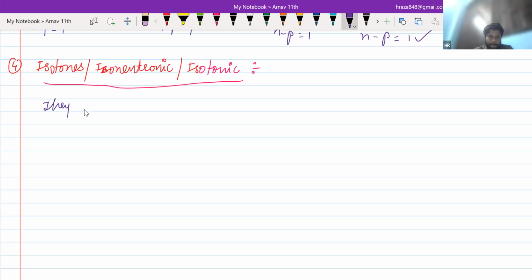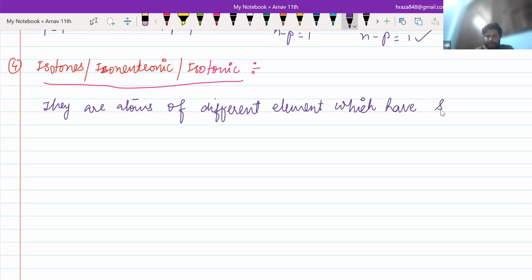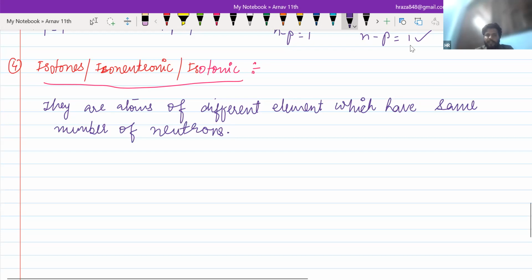They are atoms of different elements which have the same number of neutrons, as for example, take isotopes of hydrogen and helium.